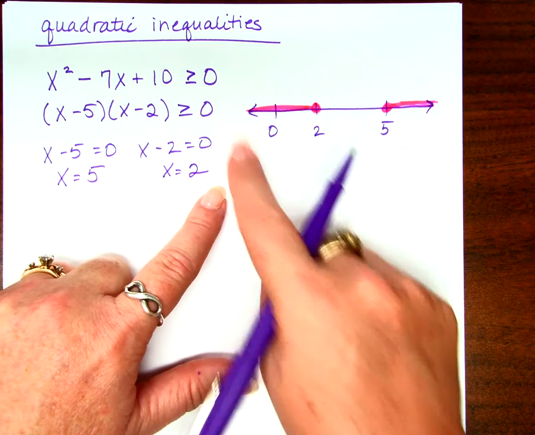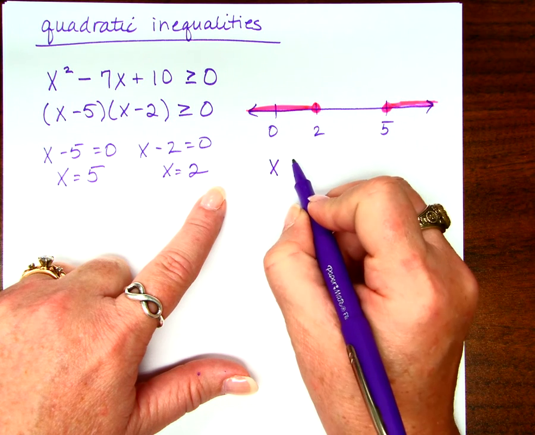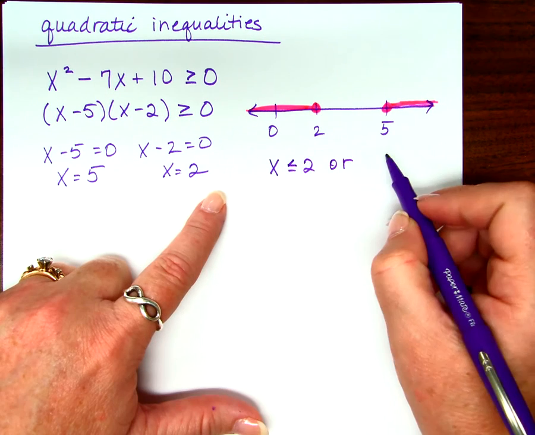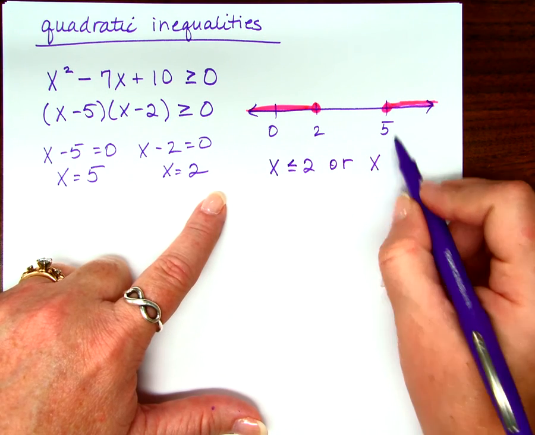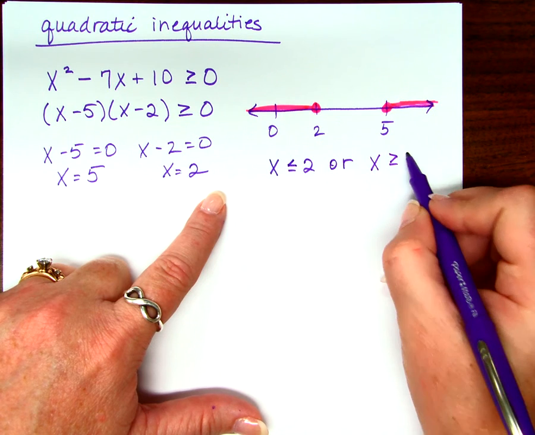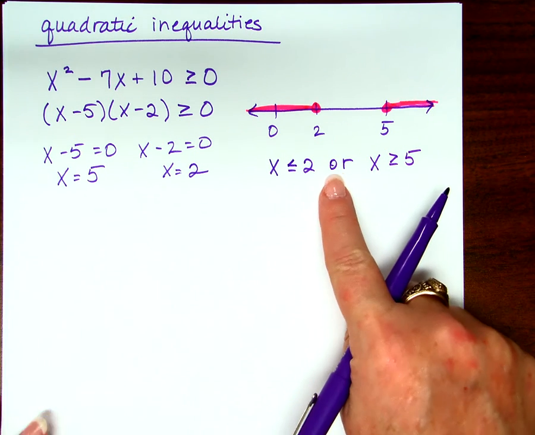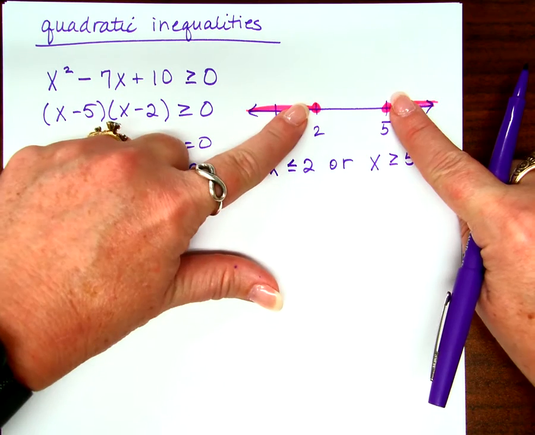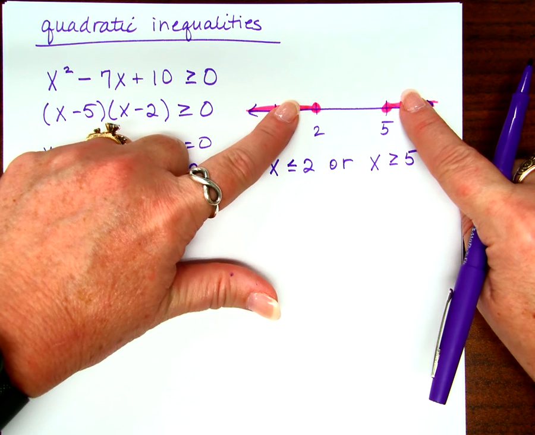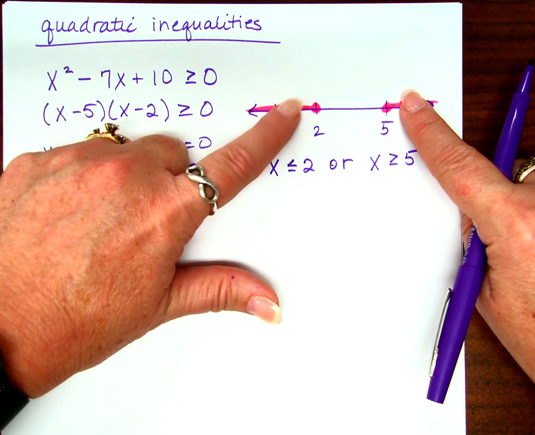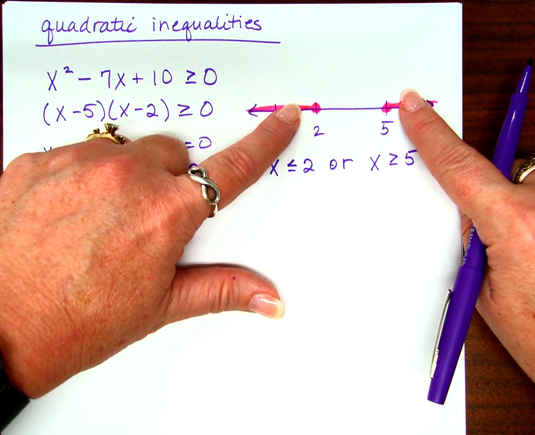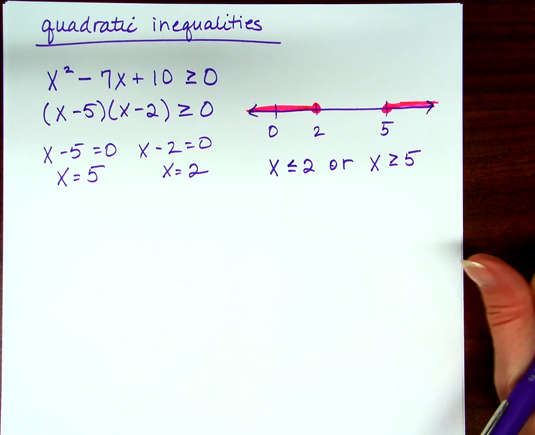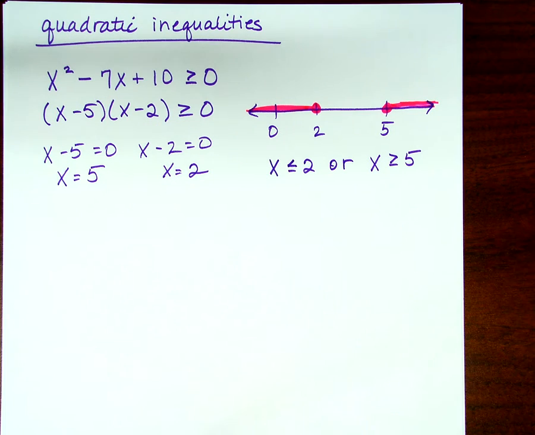To the left of 2, so x is less than or equal to 2, or x is what? Greater than or equal to 5. Perfect. Why did I put this or in here? Yeah, definitely it's an or statement, right? It's either one side or the other. There's not a number that's less than 2 and greater than 5, is it? Is there? Okay. And now we're finished.